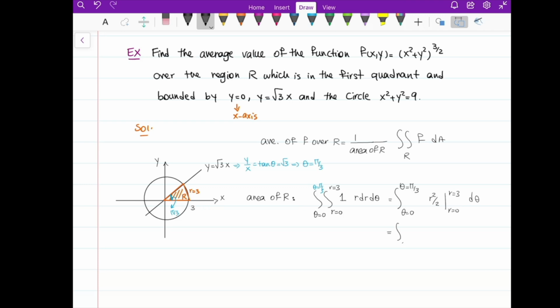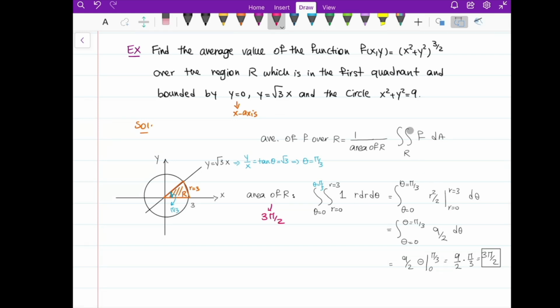Plug in 3 for r: 9 over 2 minus 0, d theta. So I get 9 over 2 times theta from 0 to pi over 3. This is 9 over 2 times pi over 3, so this is 3 pi over 2. That's the area of the region R.